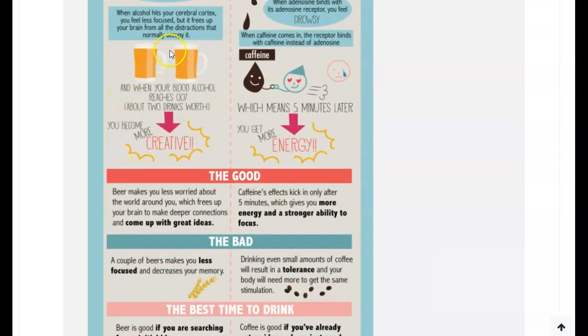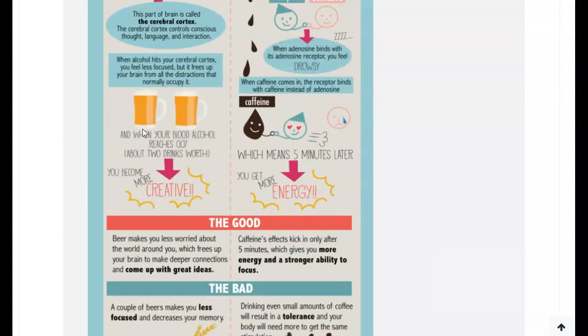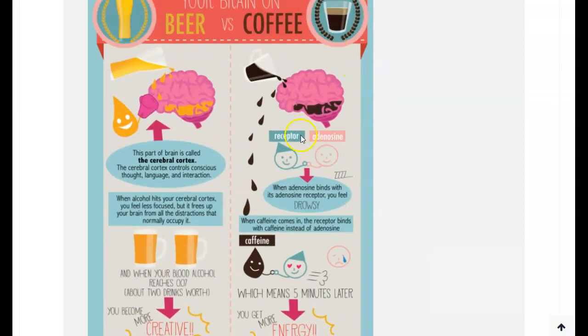Now, reading top to bottom, there are your 2 mugs of beer. It says when your blood alcohol reaches 0.07, about 2 drinks worth, that's why they showed you the 2 beers there, you become more creative. Yay.